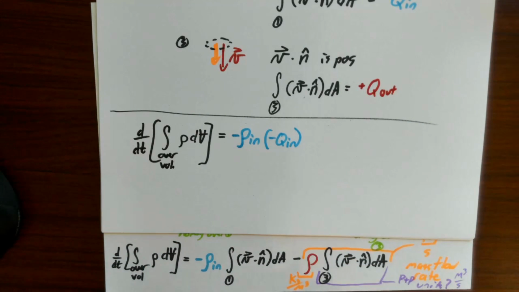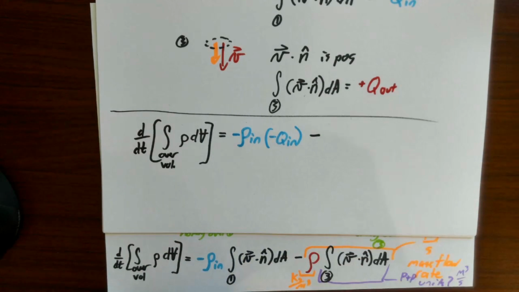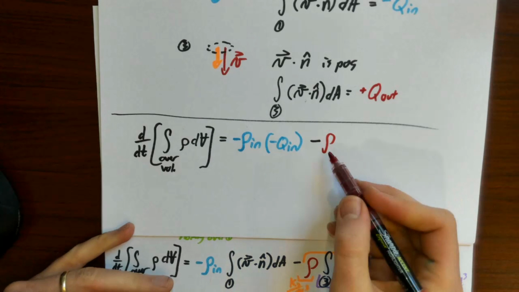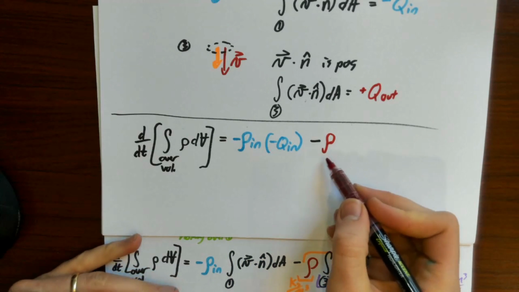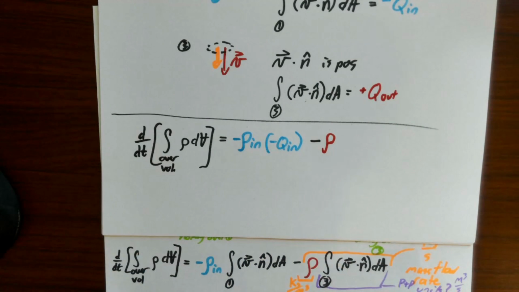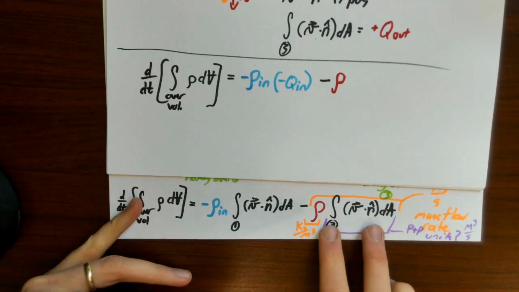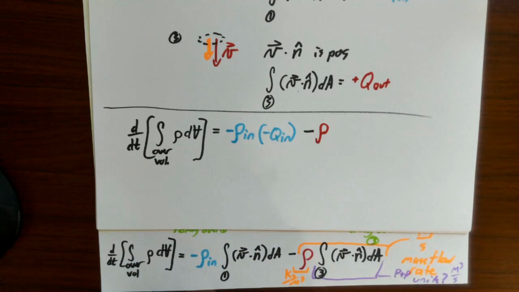And now for the second term, we have minus rho, which we said is rho out, but since it's well mixed, is just whatever density happens to be in the tank. And then this integral over surface 3 is going to be Q out.